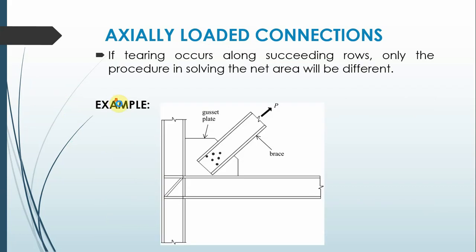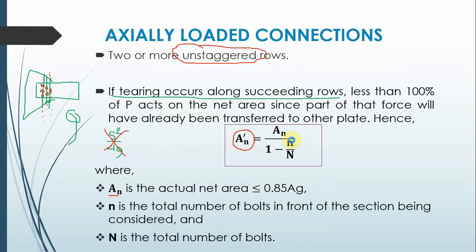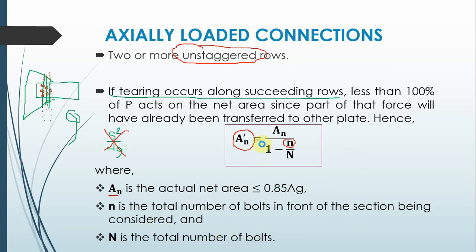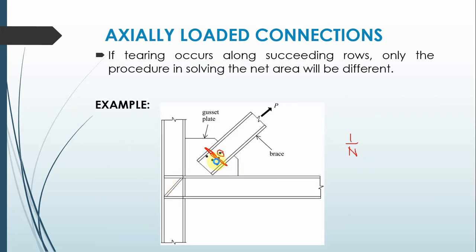Capital N is the total number of bolts, so here 1, 2, 3, 4, 5, 6, that is 6.